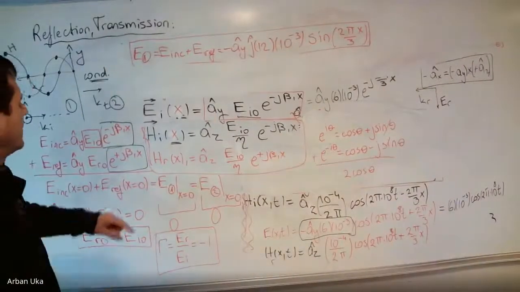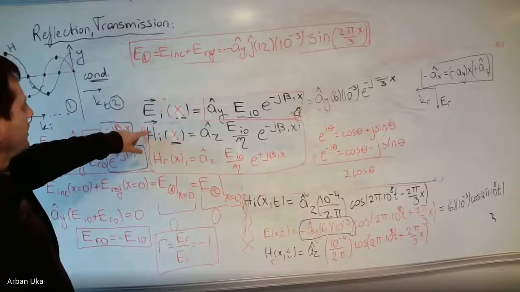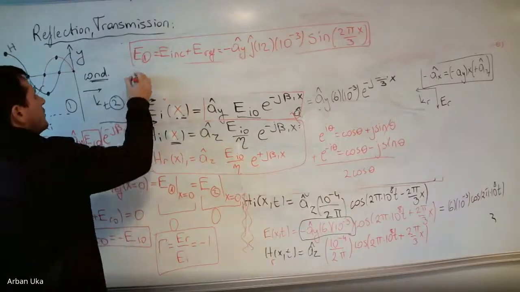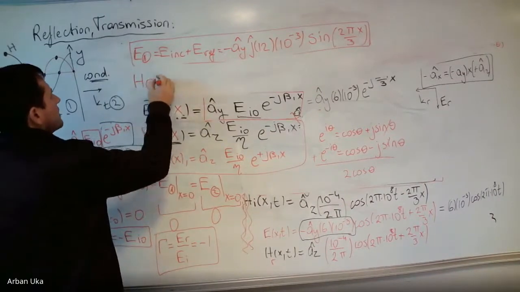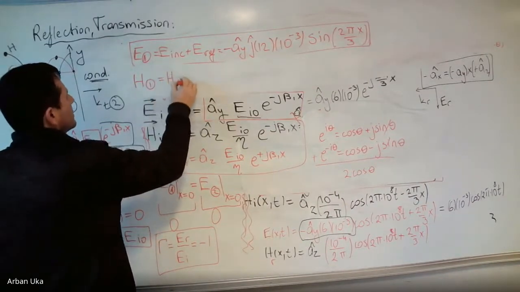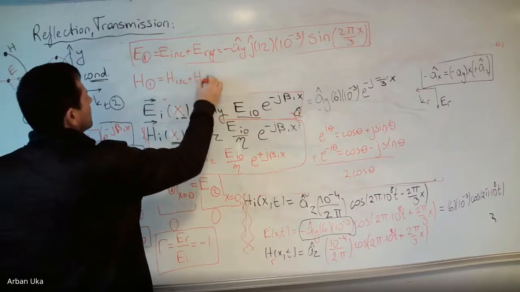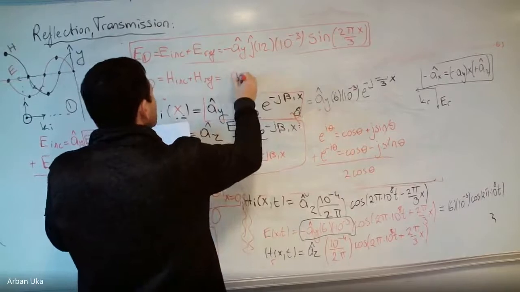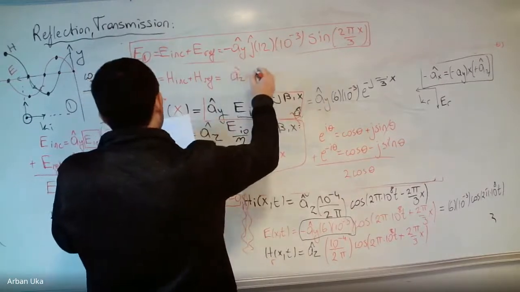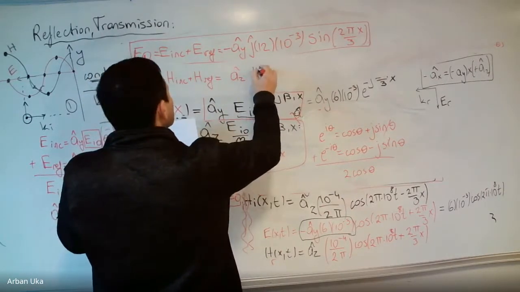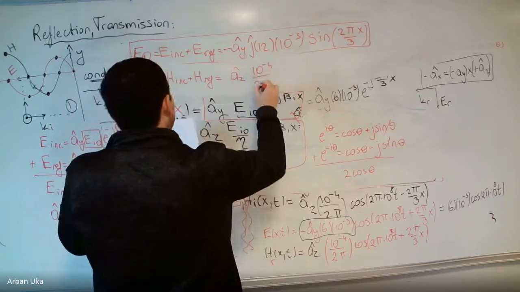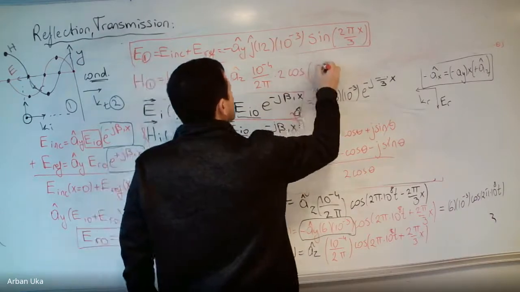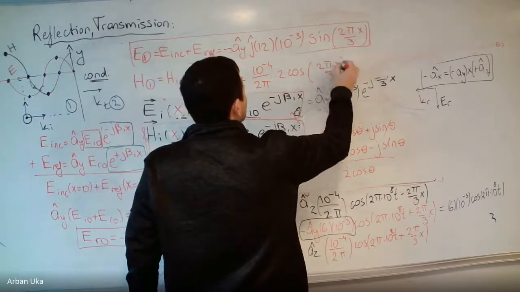So the incident electric field and the magnetic field, we have not erased them yet, so you can see how they look. And now we need to write the H1, which means that this is H incident plus H reflected. And this would be equal to AZ, this is plus, times 10 to the power minus 4 divided by 2 pi times 2 cosine 2 pi x over 3.